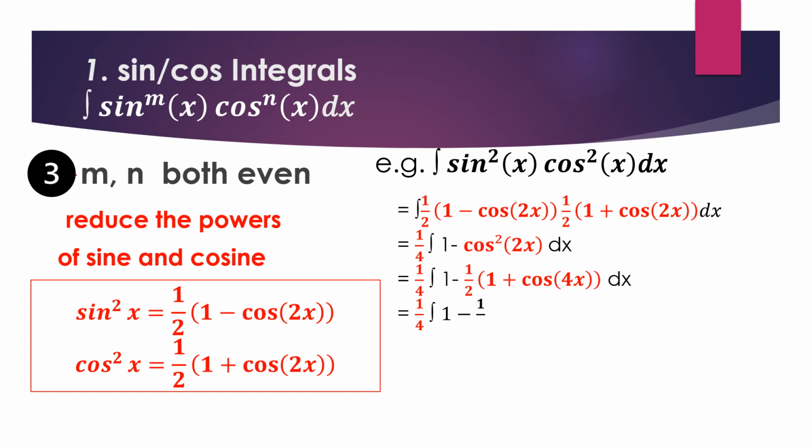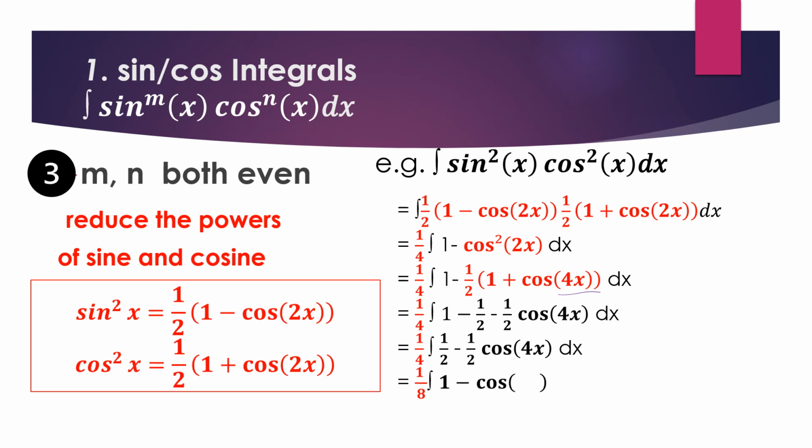So here it is 4x. It's very important, don't forget to double. And then we will have 1/4 integral 1 minus 1/2 minus 1/2 cosine 4x dx, equal 1/4 integral 1/2 minus 1/2 cosine 4x dx, equal 1/8 integral 1 minus cosine 4x dx.